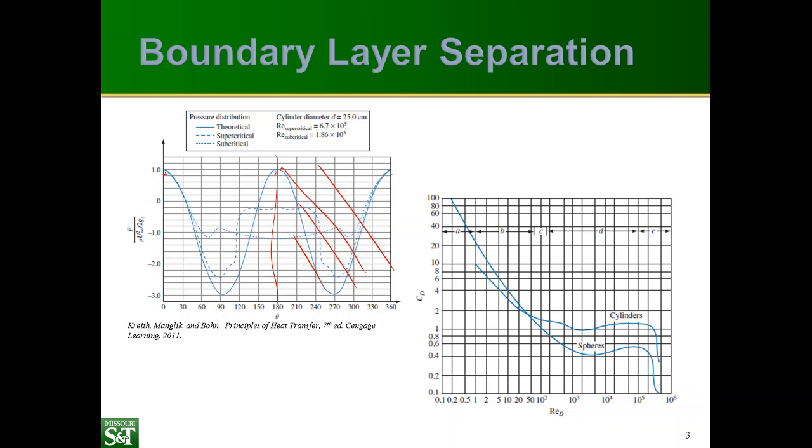However, if we look at a case where we have a Reynolds number below what we call the critical Reynolds number, which shows up here for the transition from a laminar boundary layer to a turbulent boundary layer.